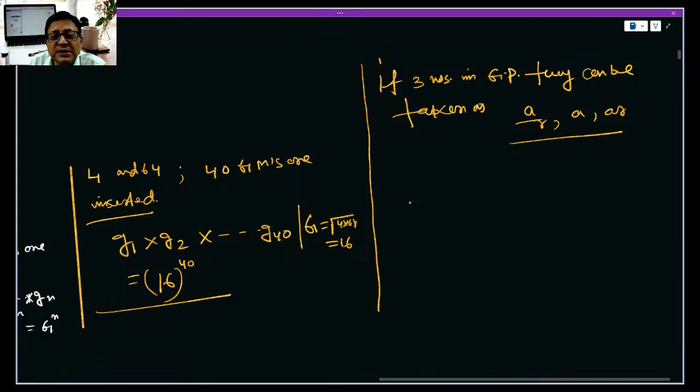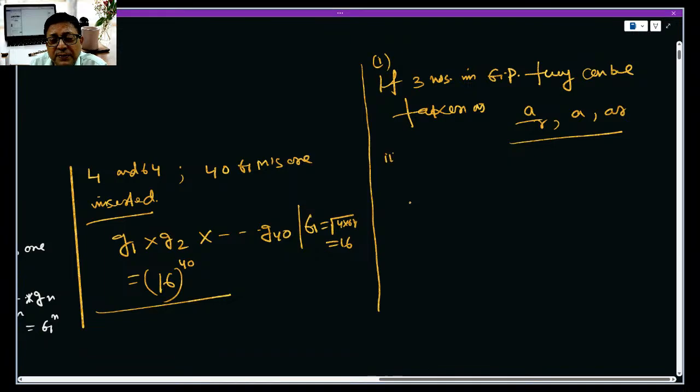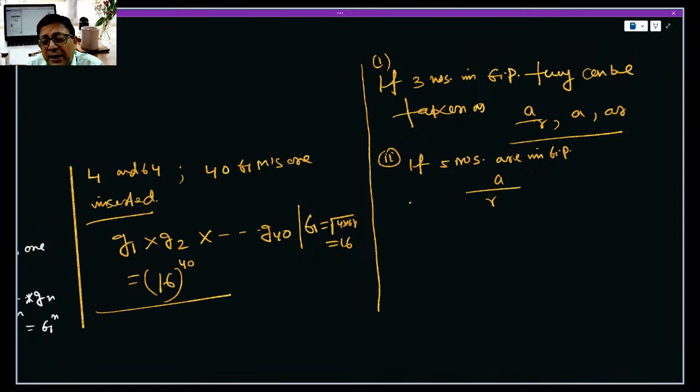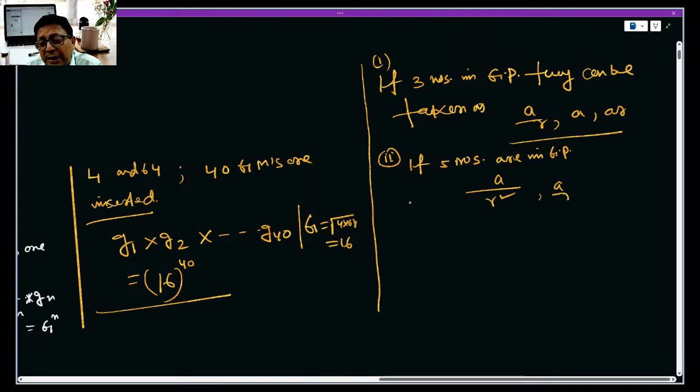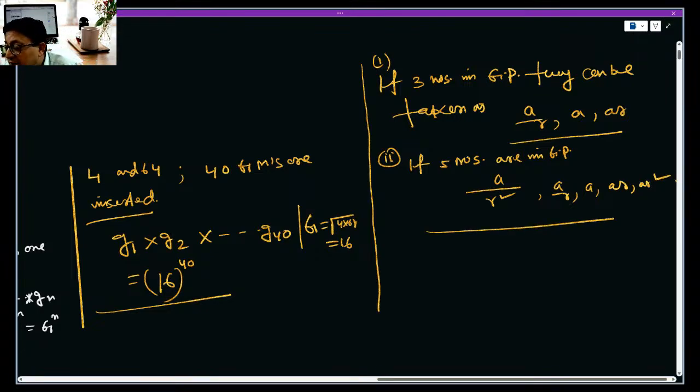If three numbers are in GP, it will be like this. If 5 numbers are in GP, they can be taken as A by R square, A by R, A, AR and AR square. Why? The logic is similar.